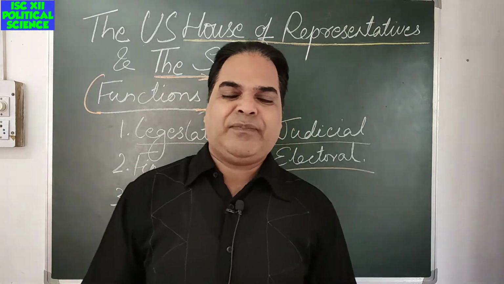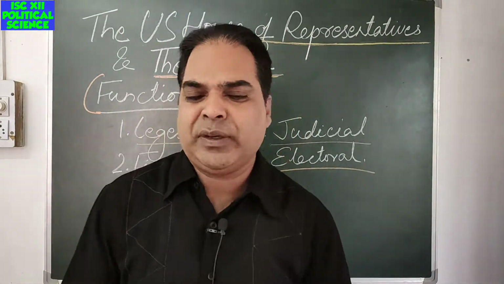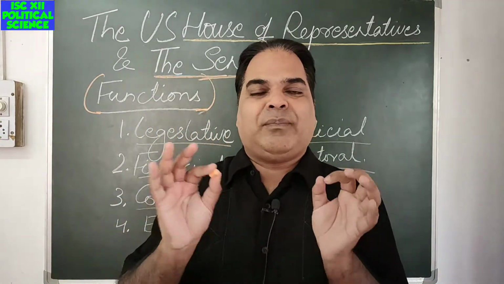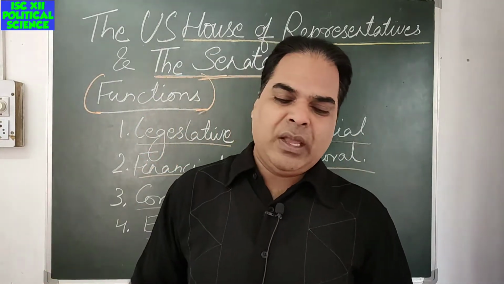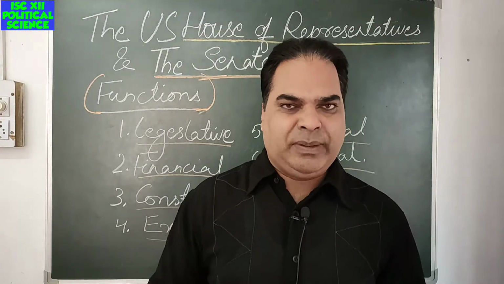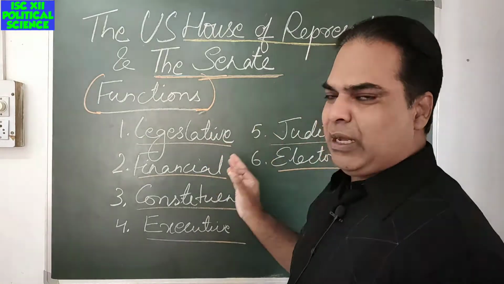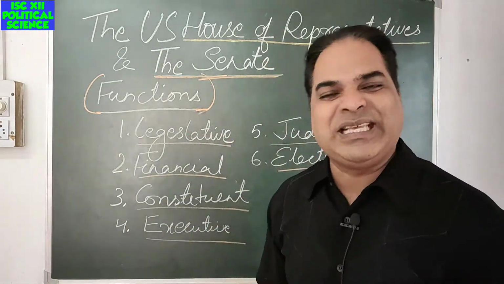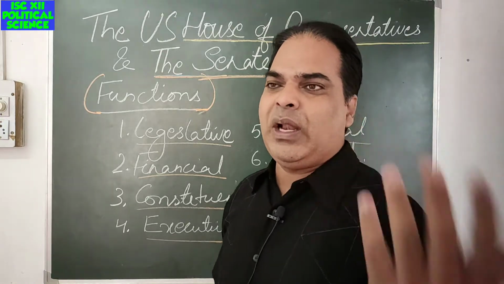So legislative powers: both the House of Representatives and the Senate enjoy co-equal powers in the passing of bills. Ordinary bills can be introduced in either house. It can be introduced in the House of Representatives, and it can be introduced in the Senate also. Both enjoy co-equal powers.